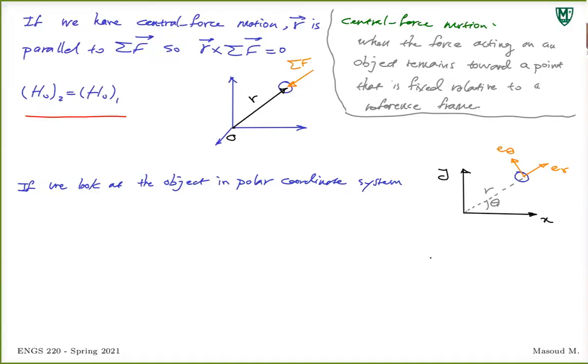And remember what we had there. We had R as a vector, R ER. We had velocity as VR ER plus V theta E theta. So these were our velocity vectors.